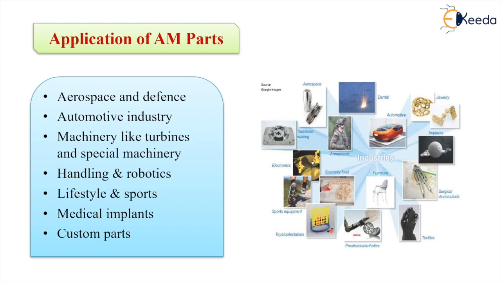If you look at the aerospace and defense industries, these companies are the number one early adopters of this AM technology, and they were the first to move ahead from small research projects to large scale production runs.